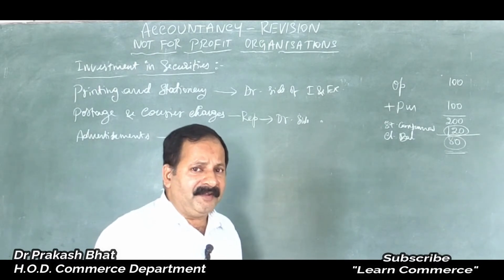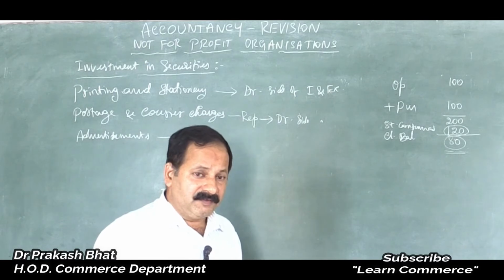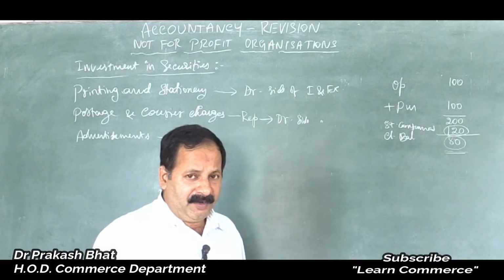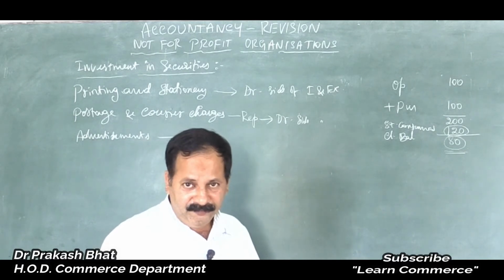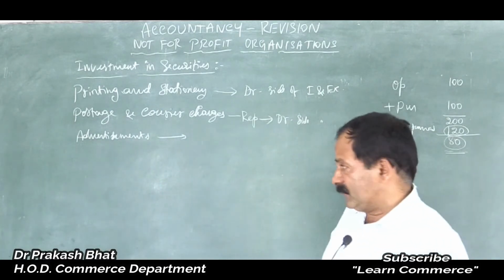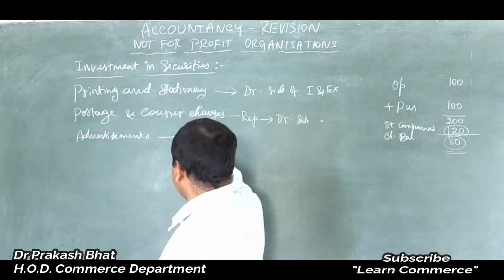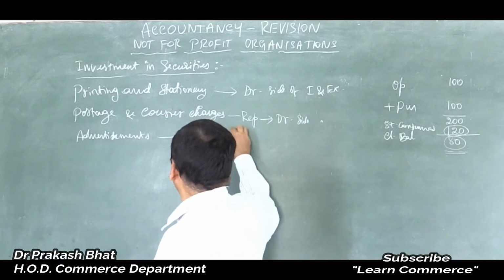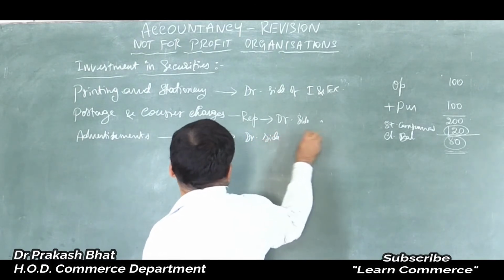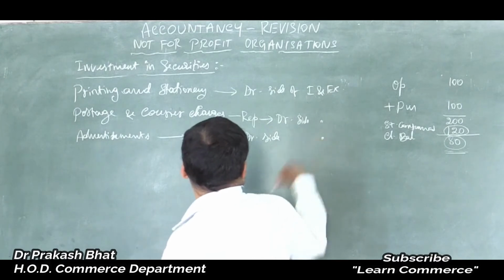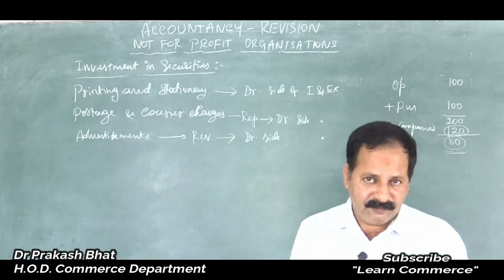When you tell 10 times, then it may have some consequence. It may initiate some urge to buy the product, isn't it? So repeated advertisement is required. So it is recurring in nature. So revenue expenditure should be entered on the debit side of income and expenditure account, that is expenditure, right?